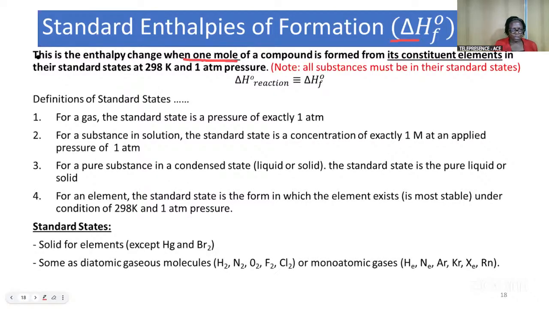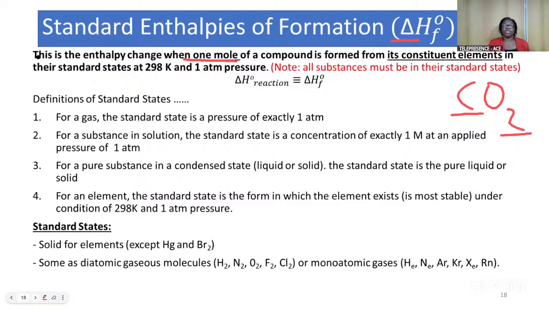So the enthalpy change when 1 mole of a compound, any compound whatsoever, if you have CO2, that's a compound, you must be talking in terms of 1 mole of it. And then you will have to talk in terms of all the constituents, C and oxygen. They must be in their standard states. That is 298 Kelvin and 1 atmosphere pressure.